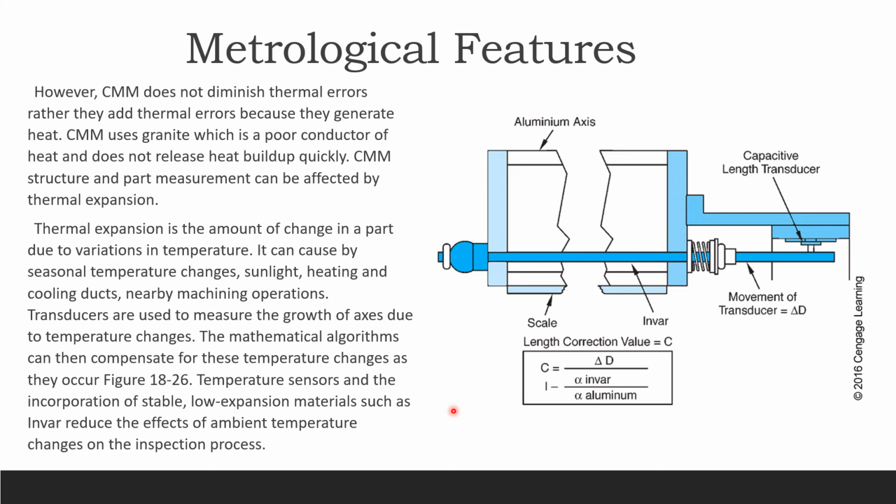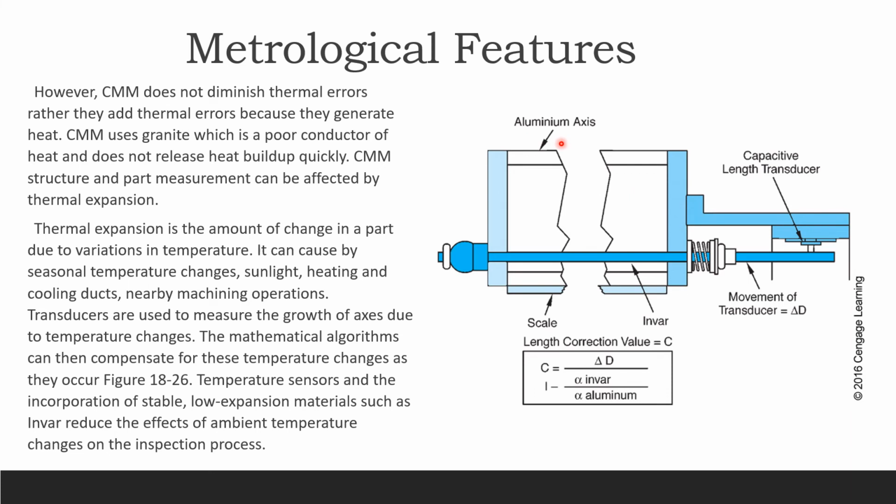Doesn't matter what method you use. Anyway, here this is showing you the temperature sensors and the incorporation of your stable, low expansion material, right? And like I already showed you, invar. Because these materials reduce the effect of ambient temperature changes, especially in the inspection process.